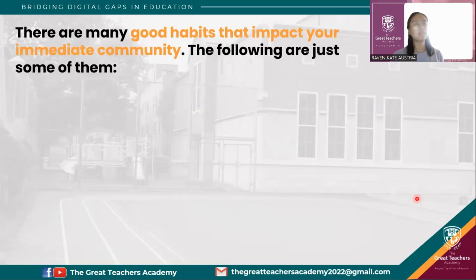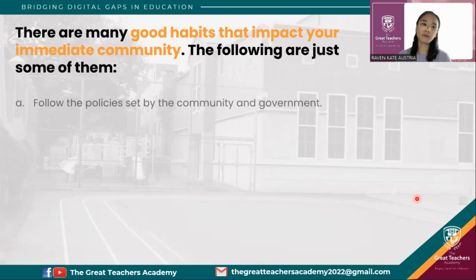Okay? So, there are many good habits that impact your immediate community. The following are just some of them. Okay, number one, we have to follow the policies set by the community and government. So when we say policies, these are the laws being implemented in our community and government.